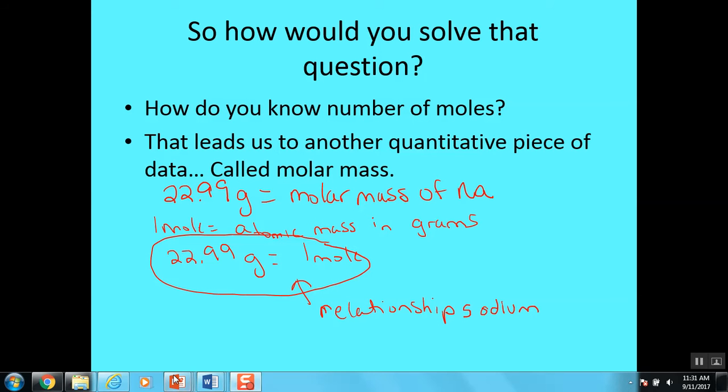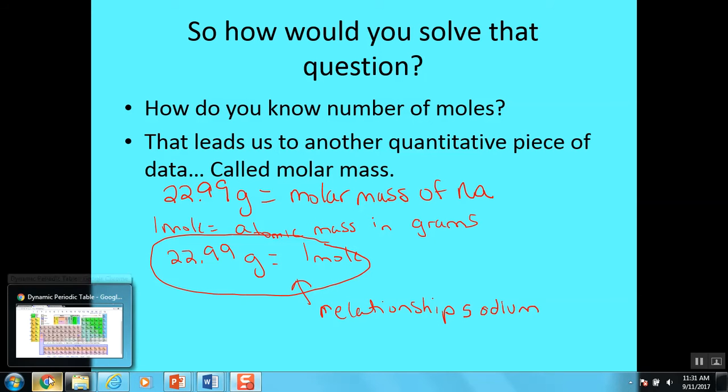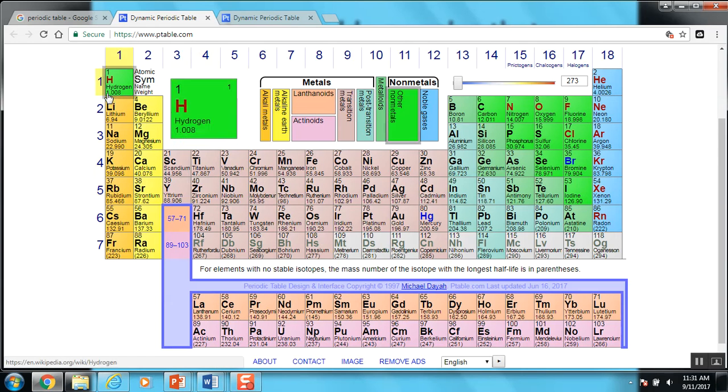And we could look at many other substances on that periodic table and look at their atomic masses as well. As simple as you could find hydrogen. Hydrogen is the very first element on the periodic table, and you would see its atomic mass, or molar mass if you will, is 1.008. And you could keep going: helium is 4.00, lithium 6.94, and so on and so forth.